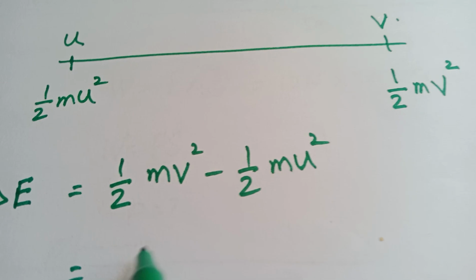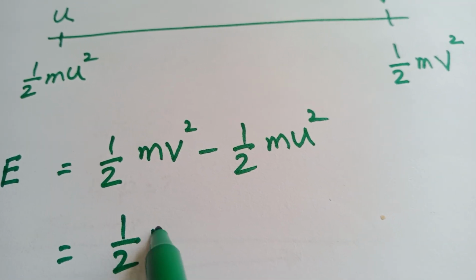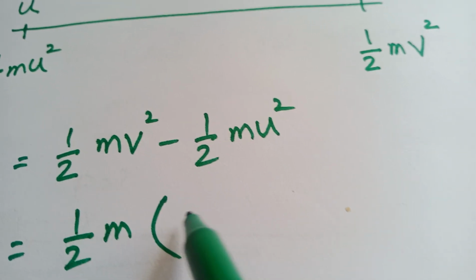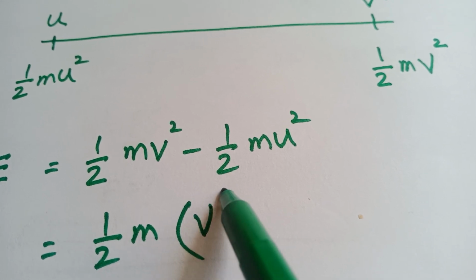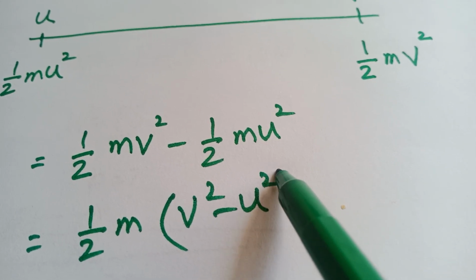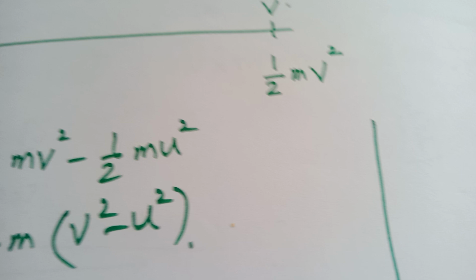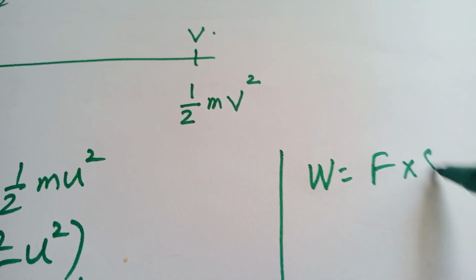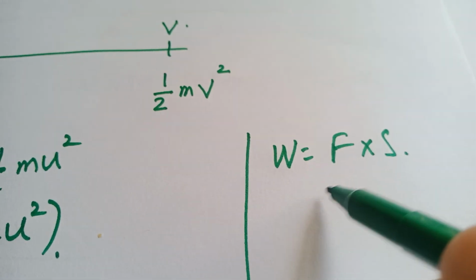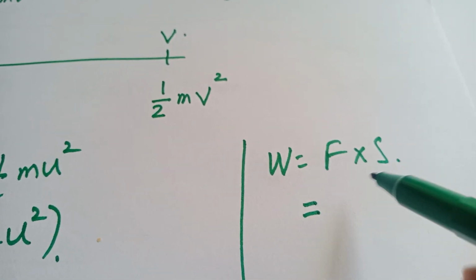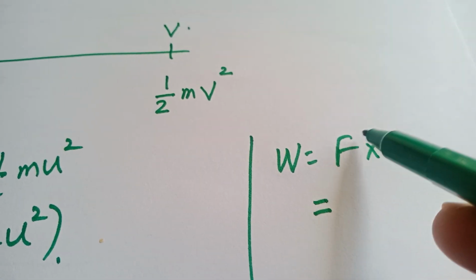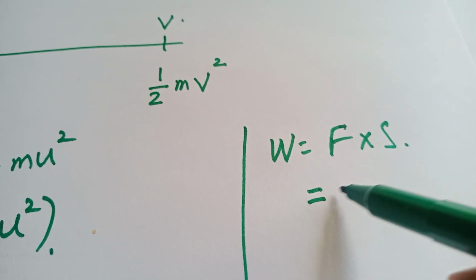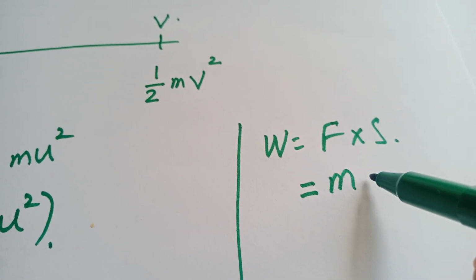Now if I take half m as common, that is half m times v square minus u square. Now remember, the work is F into S, and if there is just one force, that would be ma.